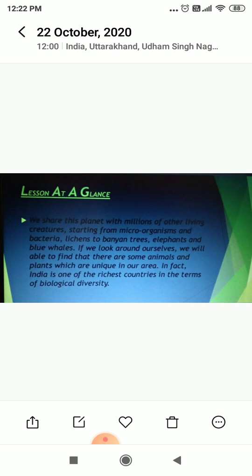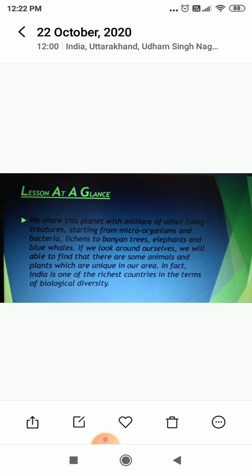In this chapter, we will see that this planet Earth is shared with millions of other creatures, starting from microorganisms, bacteria, and lichens to banyan trees, elephants, and blue whales.